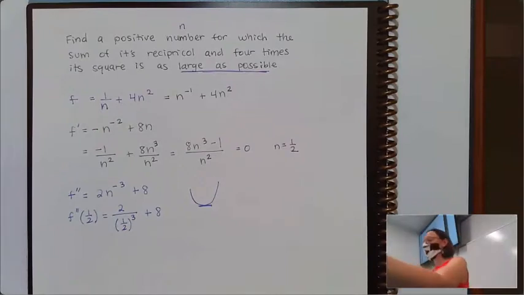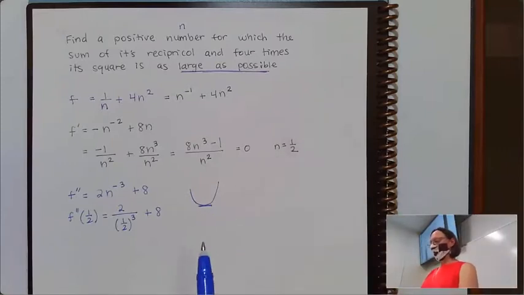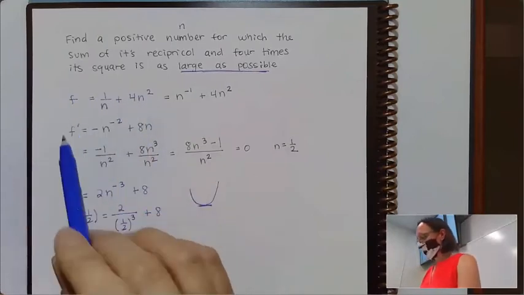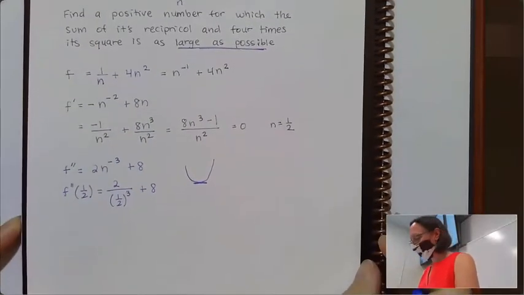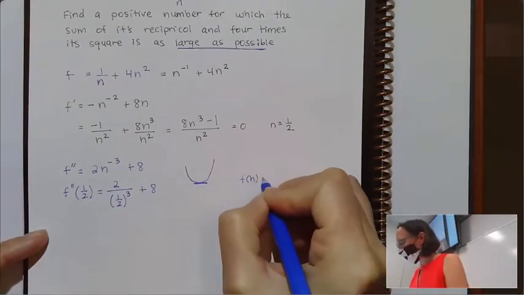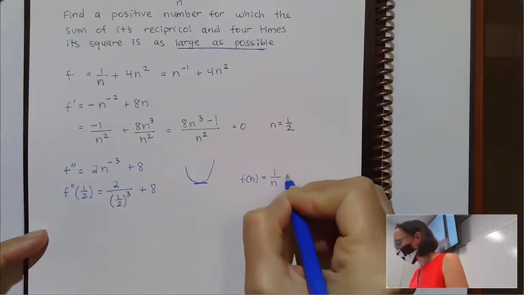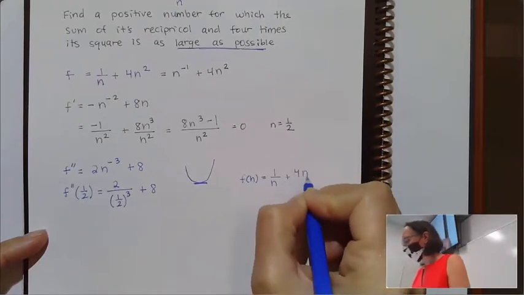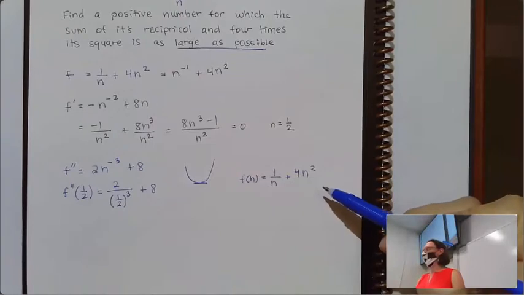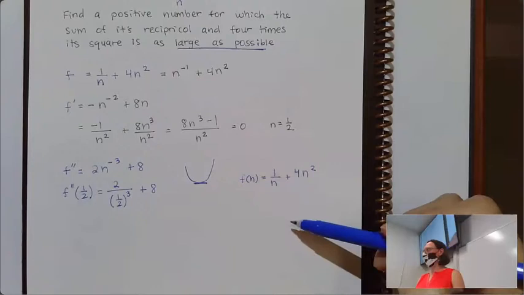Let's resolve this. If I graphed this thing, like if I just thought about f of n as being 1 over n plus 4n squared, if I don't put an upper bound on this, this can be as large as possible, right?